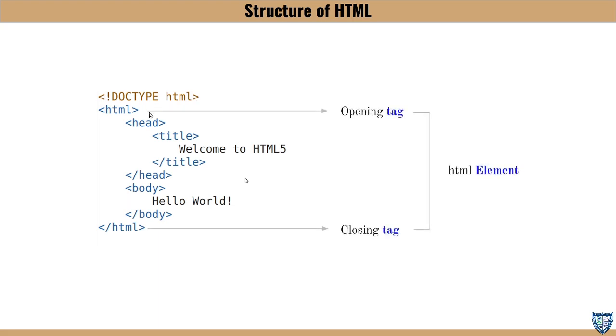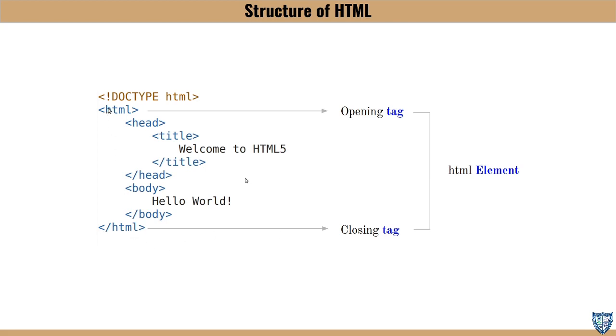Okay, so after that you can see a less than HTML greater than, and shift your focus to less than /HTML greater than. If you are familiar with programming, you will get some idea about it. This is known as an opening tag, and this is known as a closing tag.